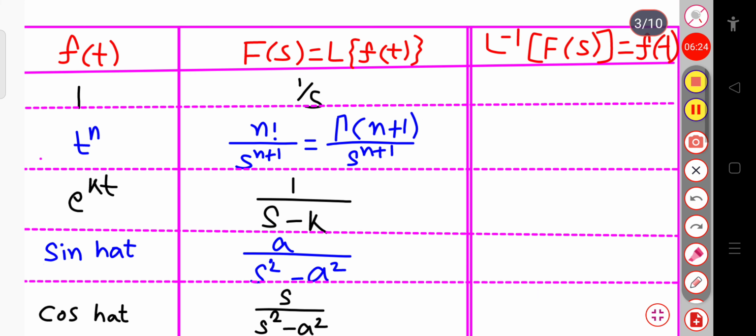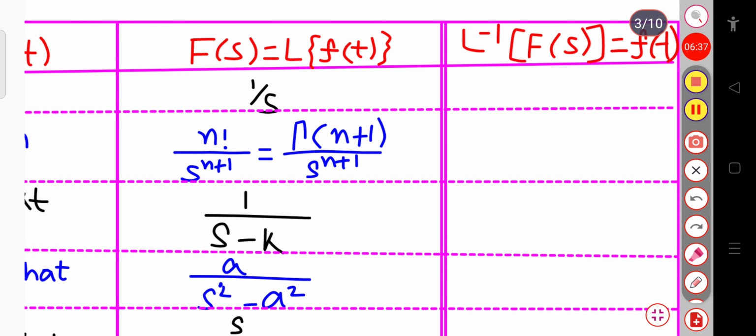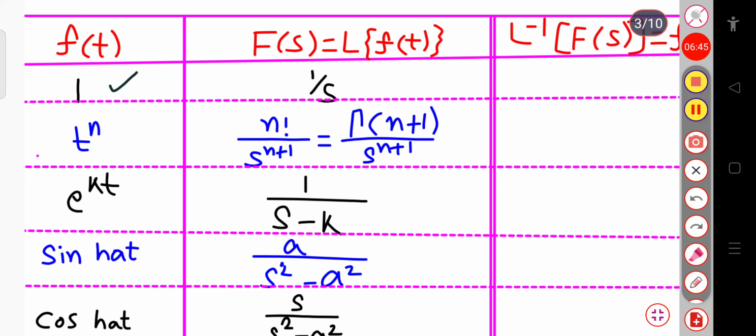Then suppose the function is 1, and the Laplace transform of this 1 is 1 by s. If I take the Laplace inverse of 1 by s, this is nothing but 1.